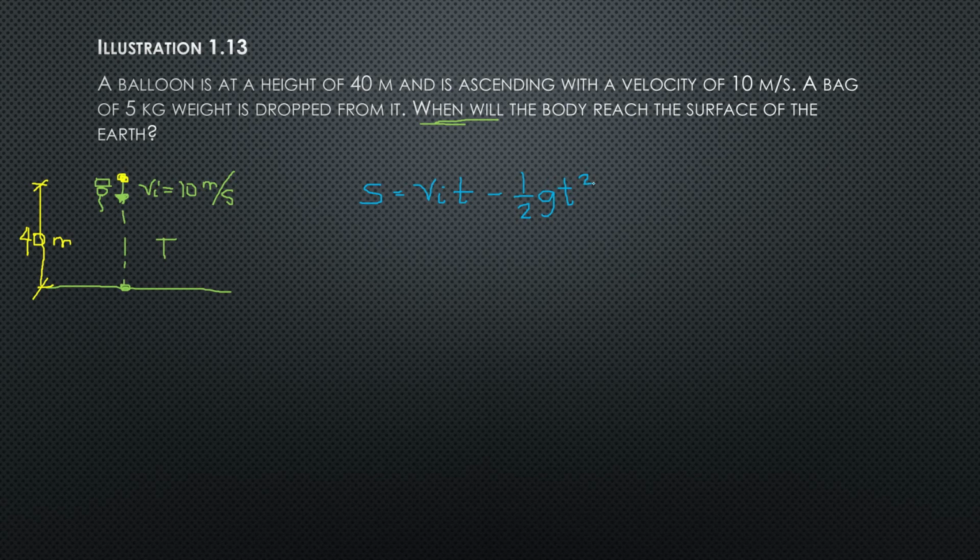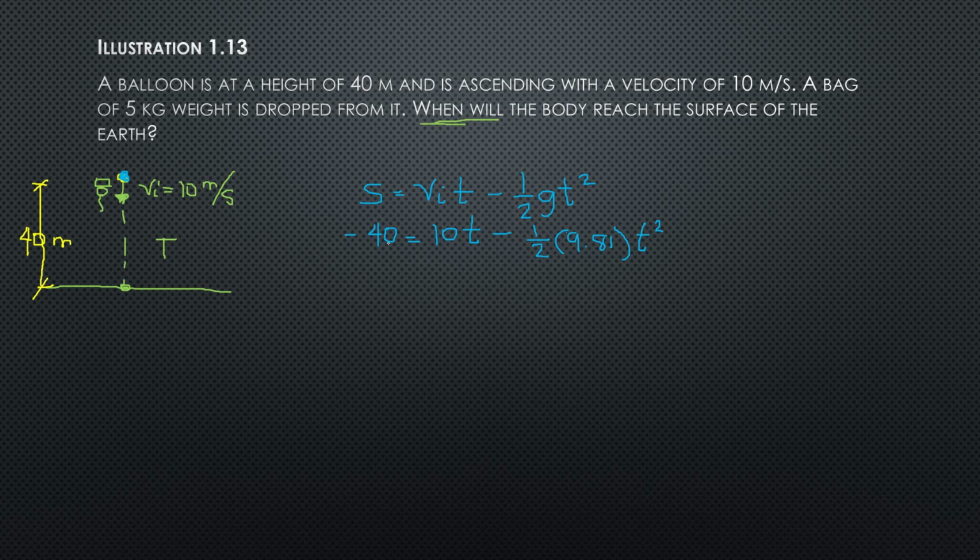So initial position is above ground, therefore S is negative 40. It's below the initial position. It will be equal to initial velocity of 10, then time, minus 1 half acceleration of 9.81 t squared.